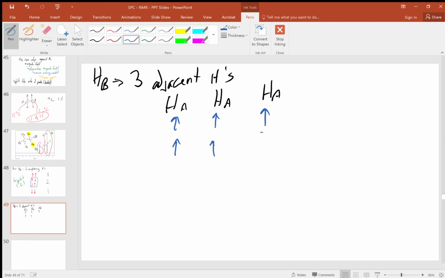We can have 2 with and 1 against. We can have 1 with and 2 against. And we can have all 3 against. So we have 8 possible situations.